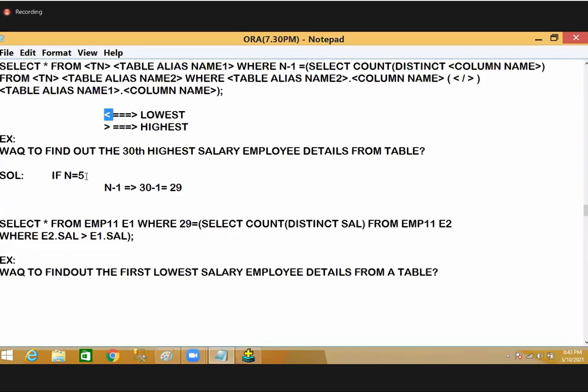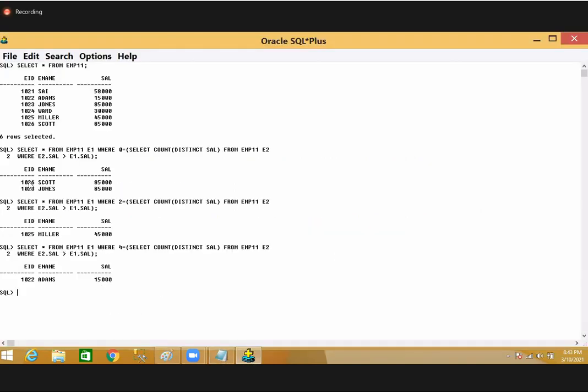First lowest means, can you tell me, what is your N minus 1 formula? First lowest means N equals 1. N minus 1, 1 minus 1 is equal to how much? 0. So the 0 I have to substitute.